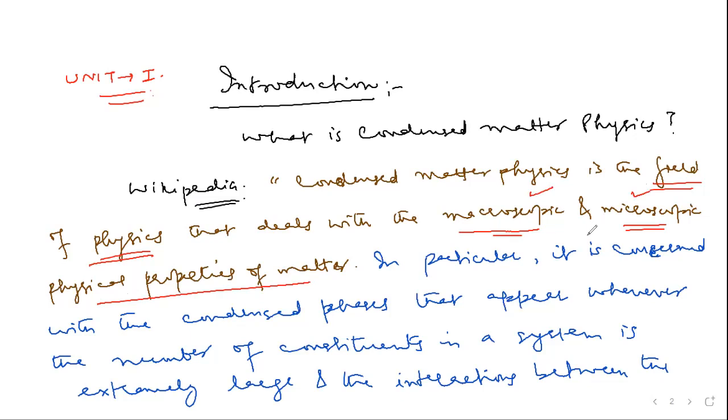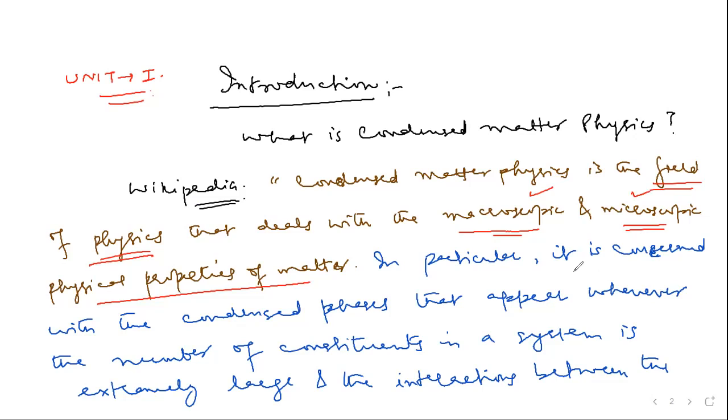Macroscopic, you know, when you talk of the physical properties of matter as a whole, you're discussing macroscopic properties. Now, if you take the constituent particles of the matter into consideration, you consider the matter at microscopic level and discuss its physical properties in terms of its constituent particles. We are talking of microscopic properties, right?